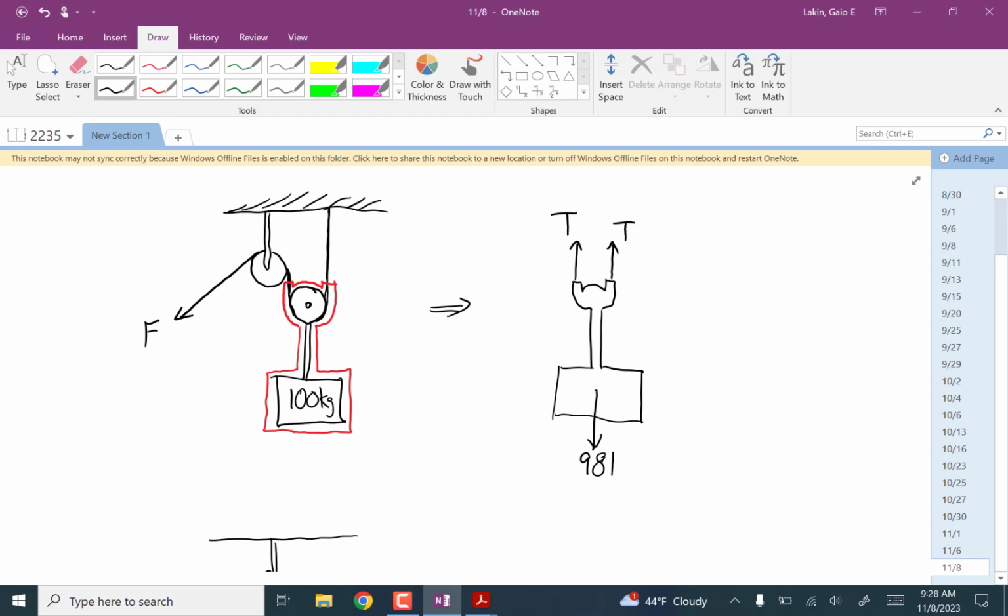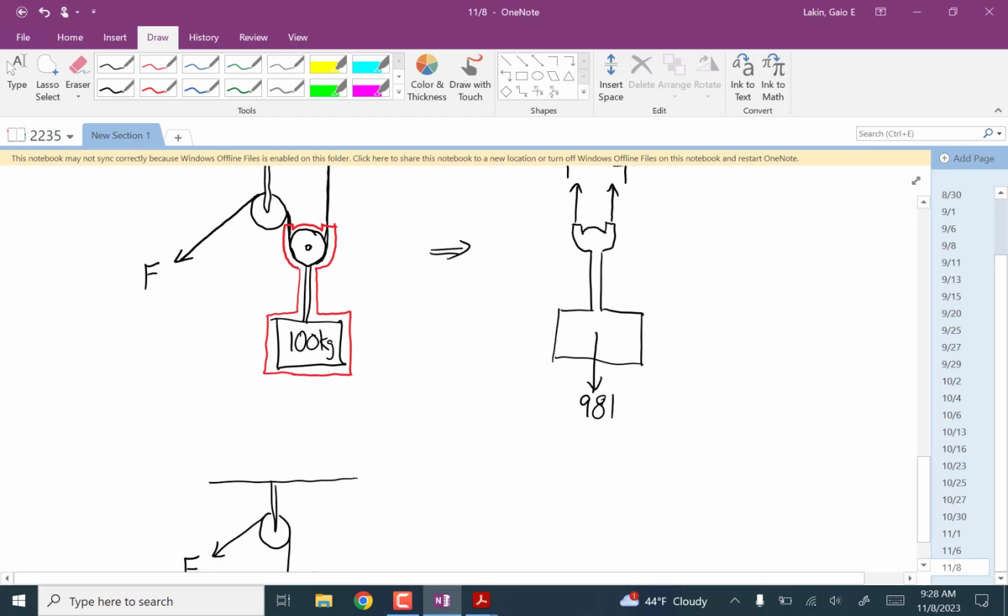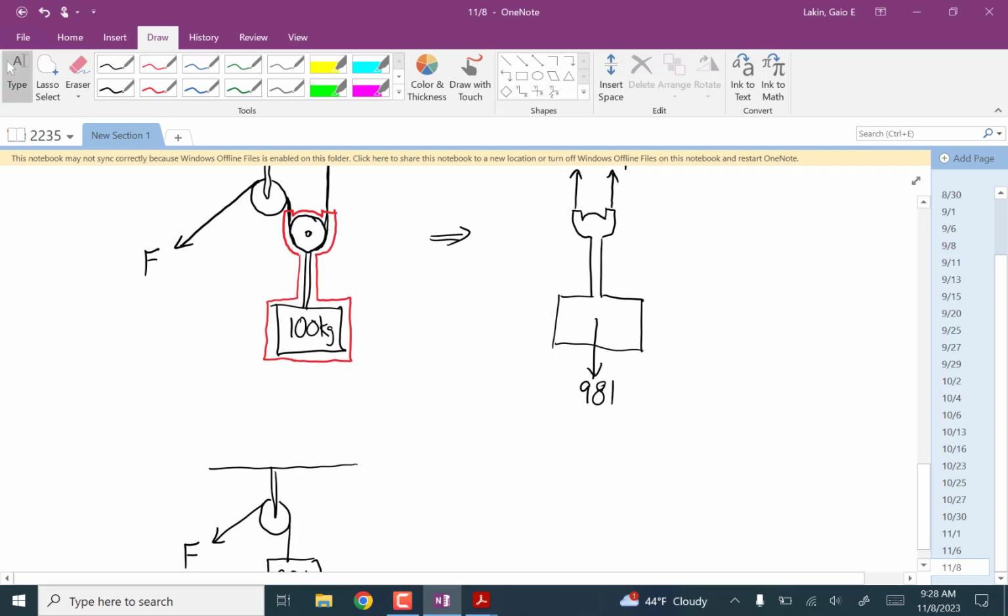So does the cable move? Do you have to move it further? Yes, because you can't get any free energy. Conservation of energy says you have to apply an amount of work equal to lifting the same thing.